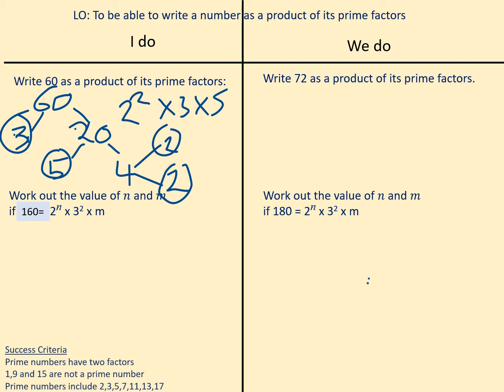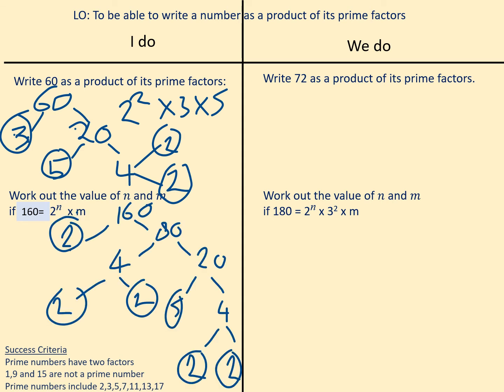Let's do the factor tree and see how we get on. 160, well 2 goes into 160, so 2 times 80 is 160. 80 can't be prime because it's got a factor of 10 and 10's not prime. So 4 times 20, that's 80. Well, 4 and 20 are not prime, so we can't circle those. But 2 times 2 is 4, and they're both prime. So we can circle the 2s.